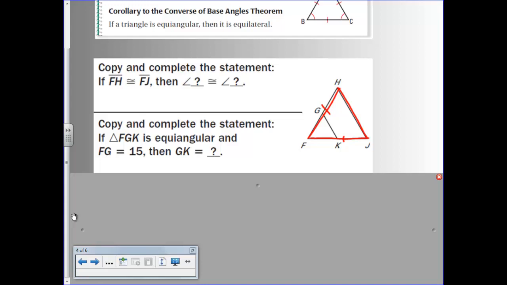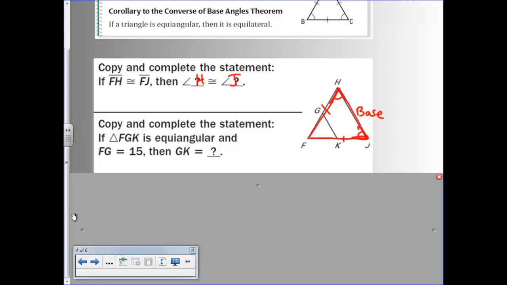It's an isosceles triangle. So if those two sides are congruent, we think of this other side then as being the base. So what angles are congruent? H and J, right? Do I have to be more specific with how I name angle H and angle J? There's only one angle here. So I can just say angle H is congruent to angle J and stop right there.